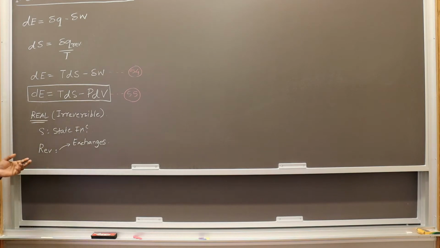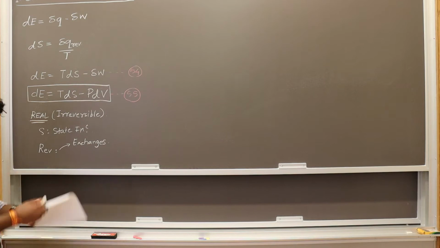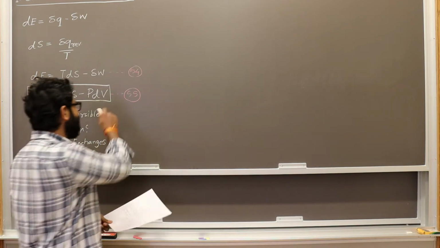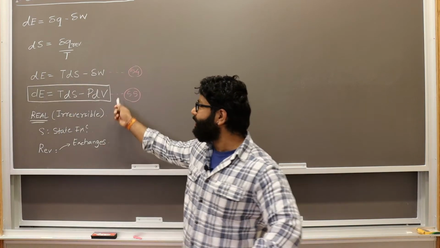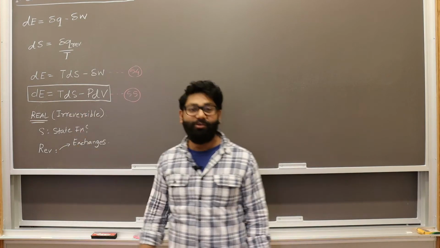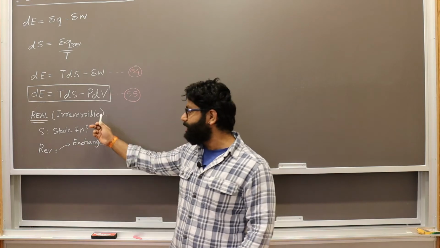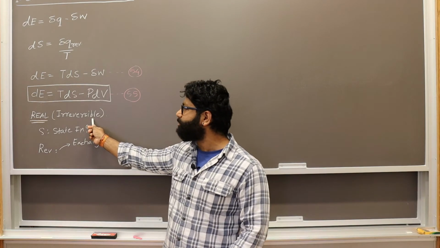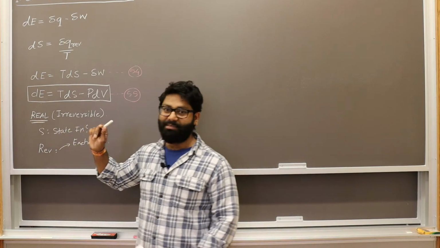But if any process is producing new entropy, not just exchanging it, that is an irreversible process. Now if this equation tells you that some amount of dS is being produced, that means it is being produced by irreversible, real processes.